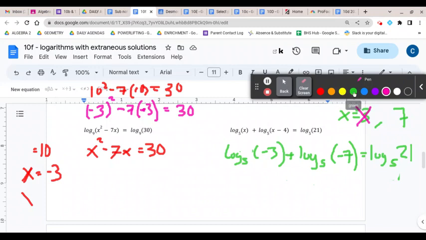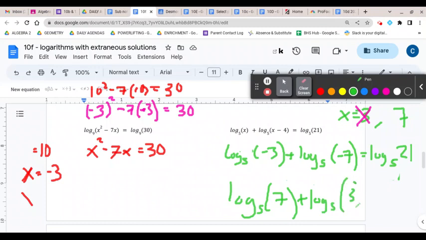Okay, if we have 7, all right, then we have log base 5 of 7 plus log base 5 of 3 equals log base 5 of 21. Now we're fine here, okay? The 7 times the 3 is 21, so we're good there. And we have a positive 5 to a positive 7 and a positive 5 to a positive 3.